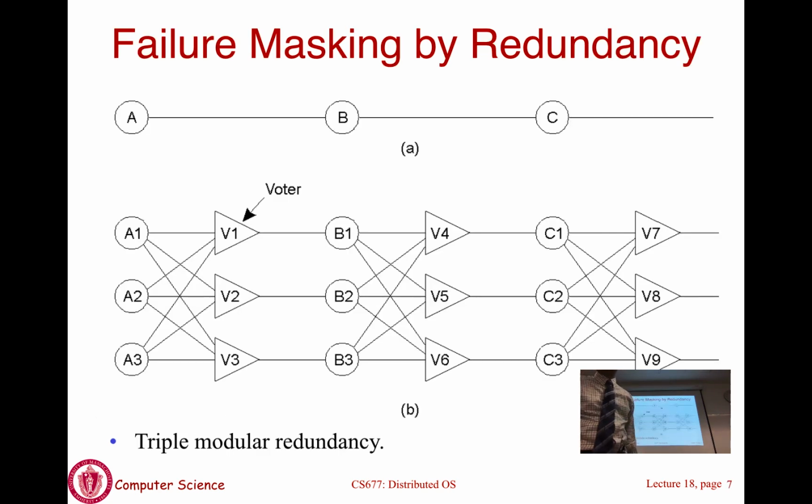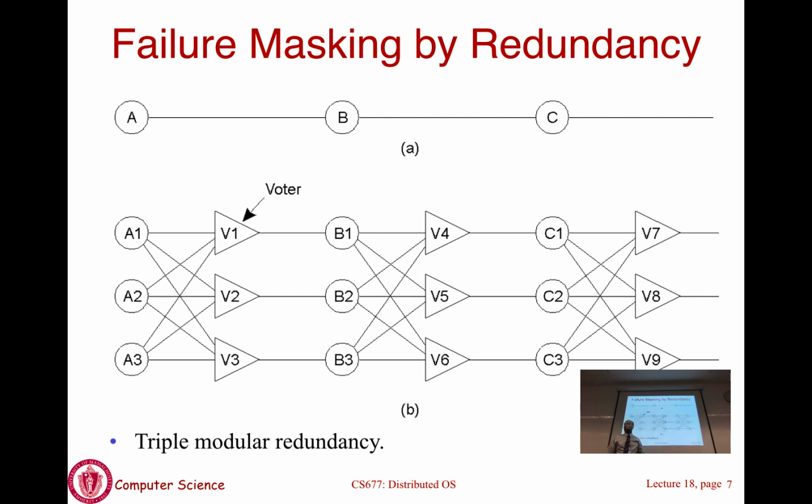I'm going to show how some of these things work using a very simple technique from designing fault tolerant circuits. Here on the top is a circuit that has 3 stages, A, B, and C. Each stage takes 1 bit of input, does some computation on that bit and produces an output that is fed to the next stage, which does the same thing.